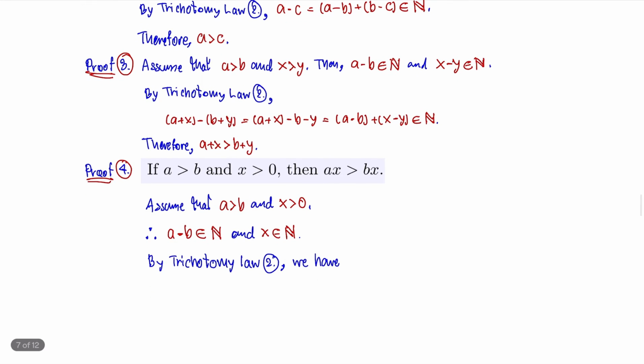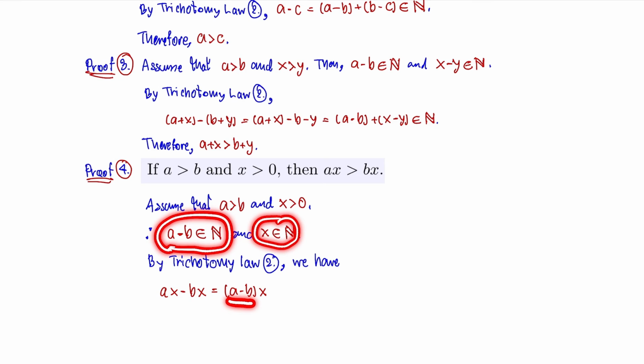We're going to have ax minus bx, and we use the distributive property, so we have a minus b times x, and a minus b is a positive integer. x is also a positive integer.